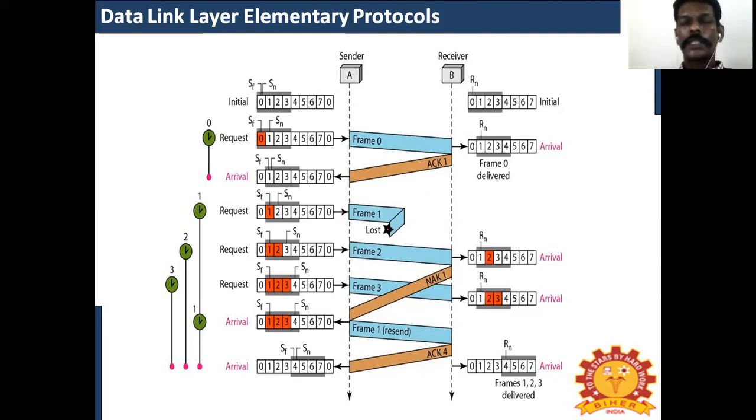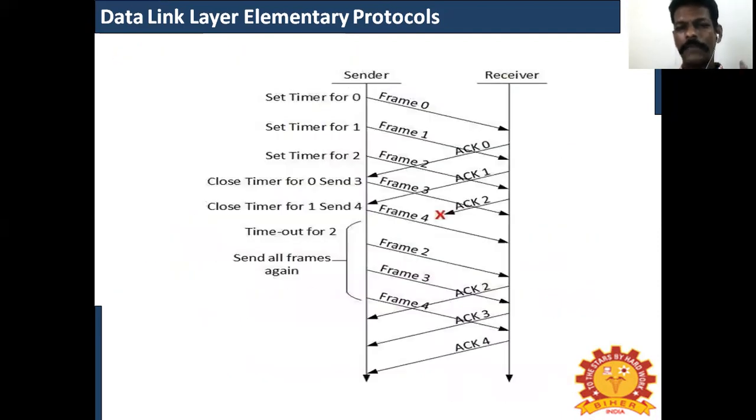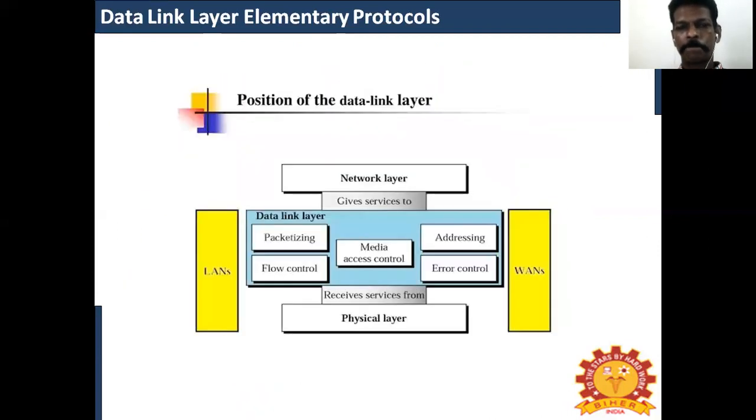So these are the 3 different protocols we discussed in the case of the data link layer elementary protocols. We have a quick lookup of this session. First, we saw the different duties of the data link layer.